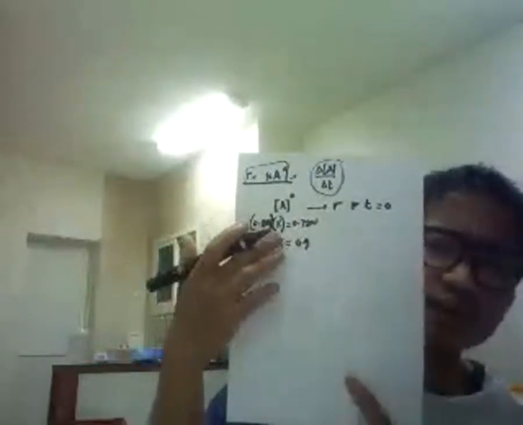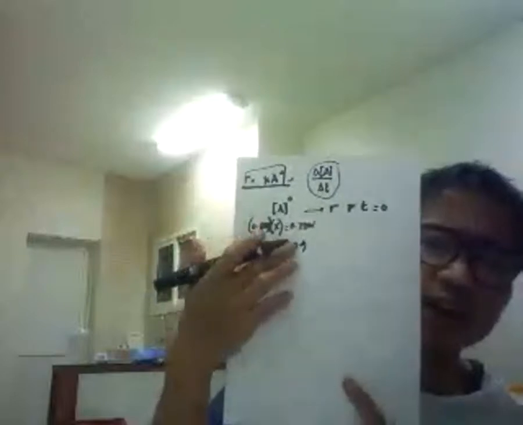So X is equal to 0.9. This is the factor that we use. A times 0.9.